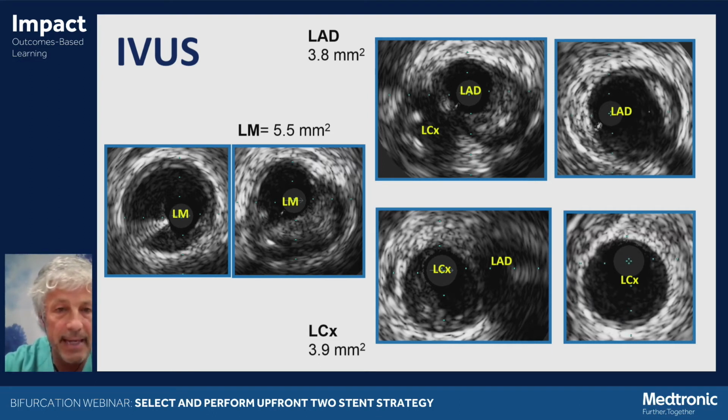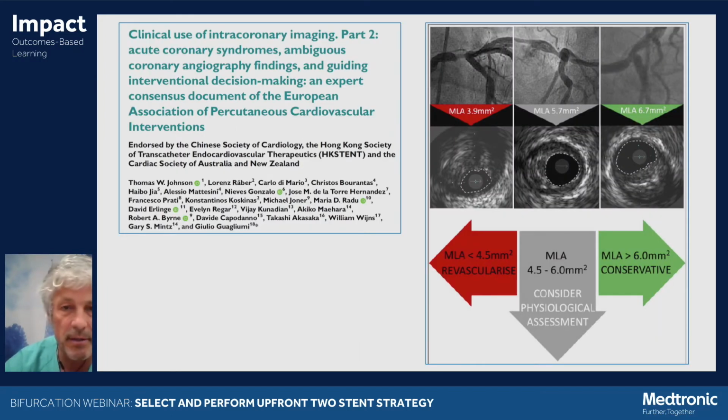Lumen in the left main is 5.5 with a large, eccentric, non-calcified plaque. In LAD and circumflex, we see also plaque, more extensive in LAD with the lumen 3.8. And in circumflex, the plaque is moderate, against the carina side, and it's 3.9 square millimeters. We have borderline lumen for all these different sites.